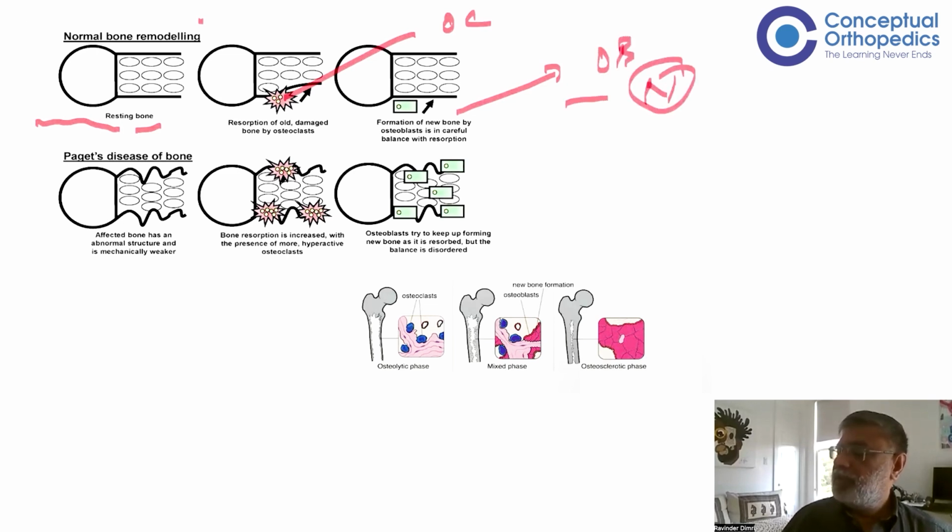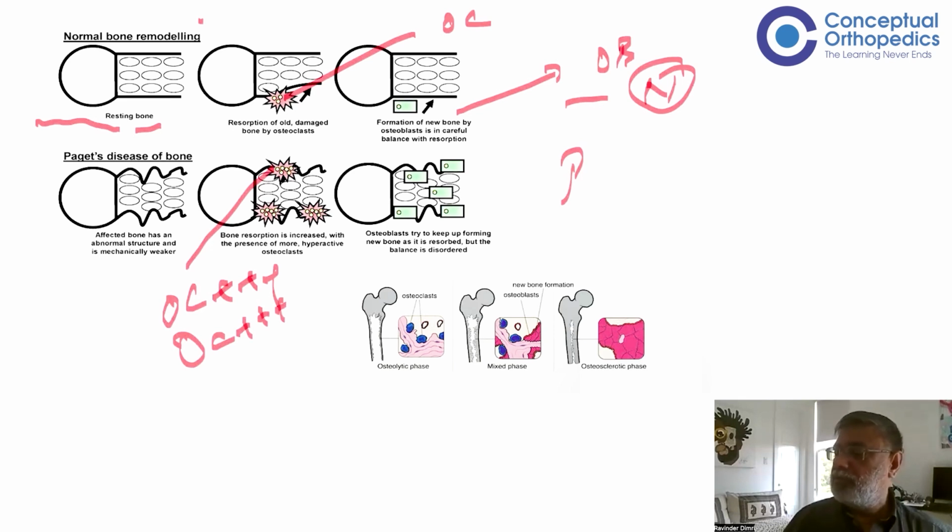What happens in Paget's disease is that a lot of osteoclasts are coming. The number of osteoclasts is much higher, and they are very active. Histologically they are bigger, with many nuclei, so they are also functionally very active.